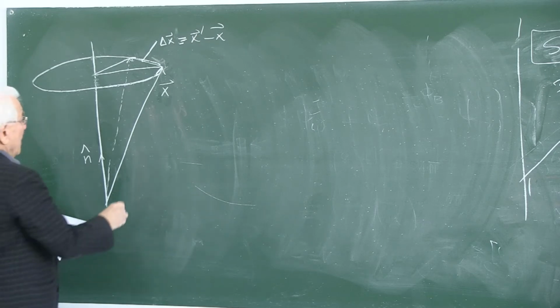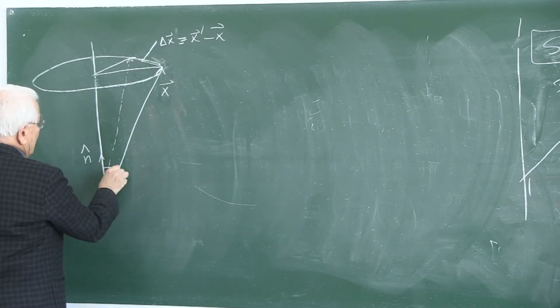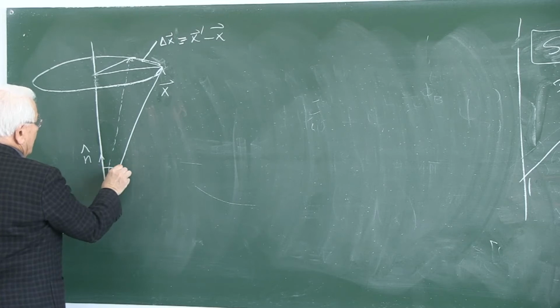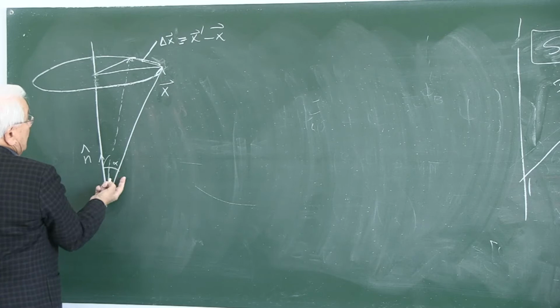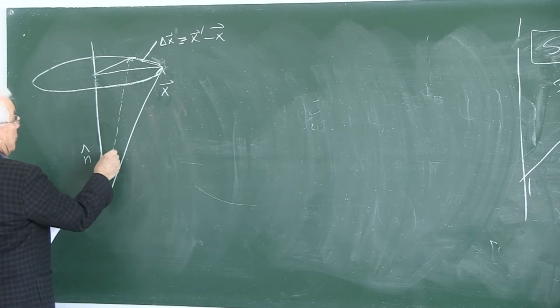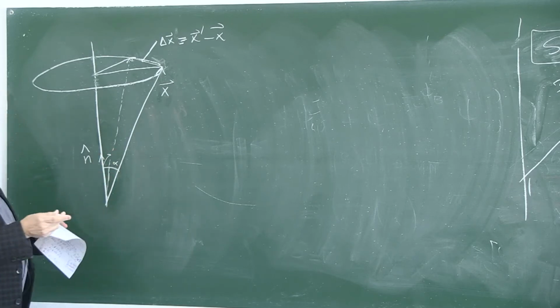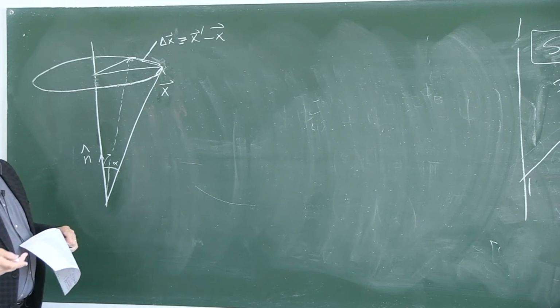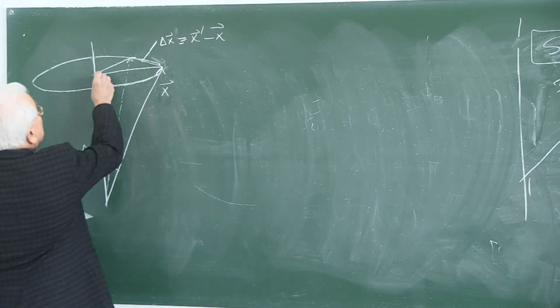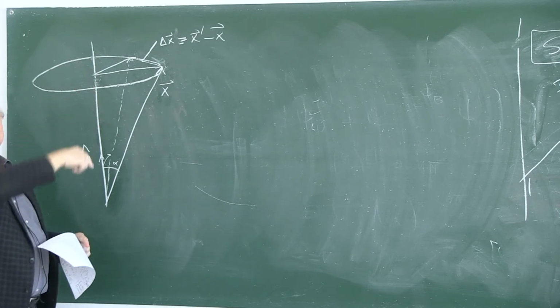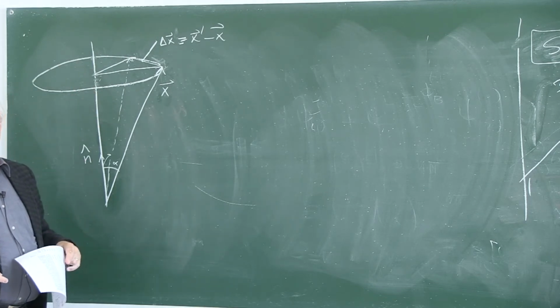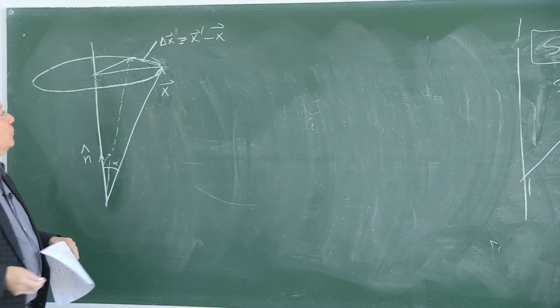I call this angle alpha. If you just go after the rotation, that's going to be alpha again, fixed. If the length is to be fixed, this distance is to be fixed. It should rotate about this axis. That will be the rigid rotation that we are really talking about.